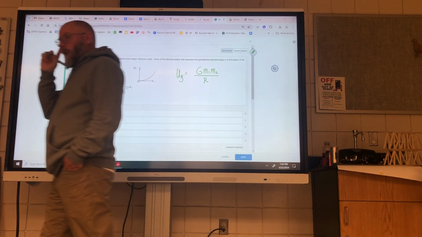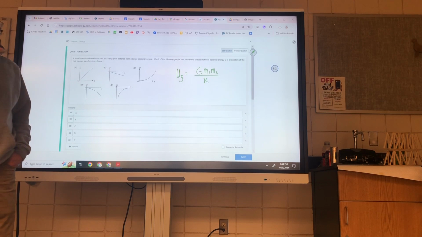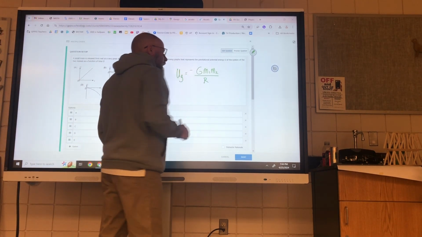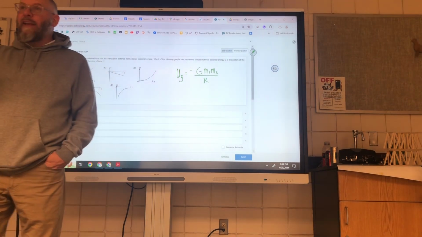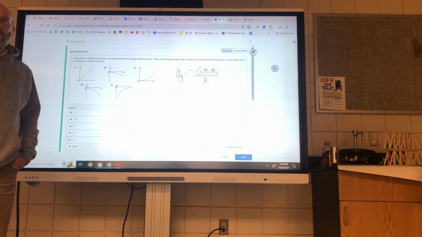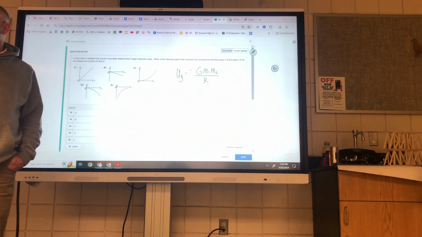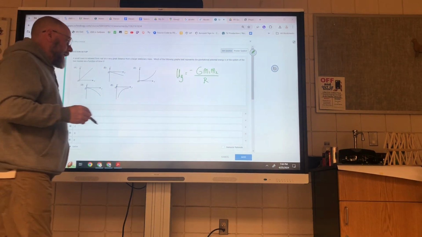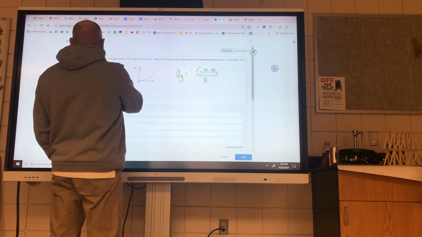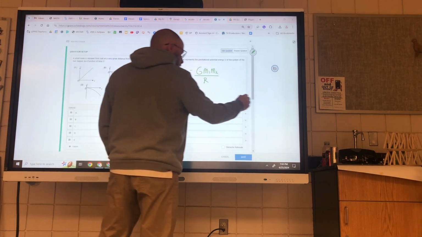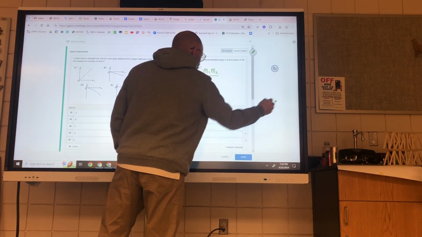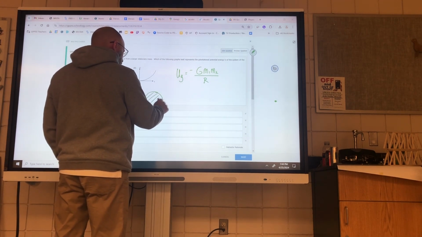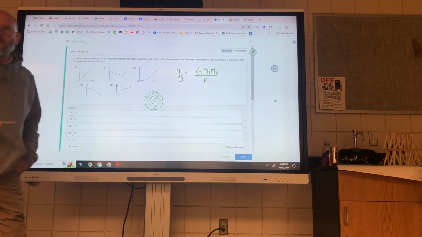Now, we talked a lot about this, but what's the deal with this? The thing that you have to notice is it's negative. So it says that my small mass is released from rest from some great distance of some large mass.